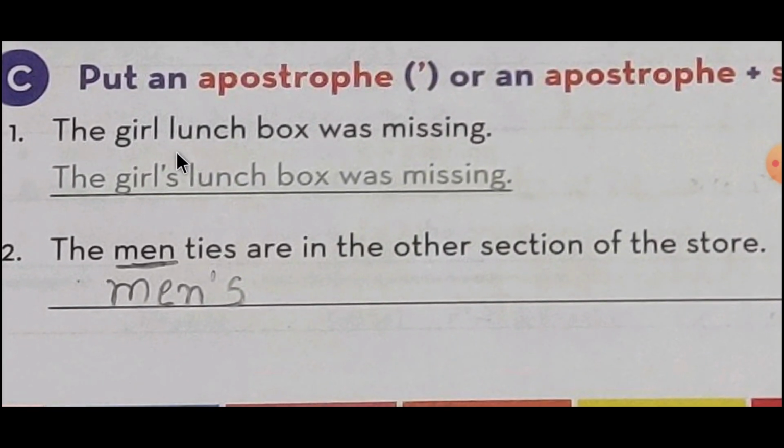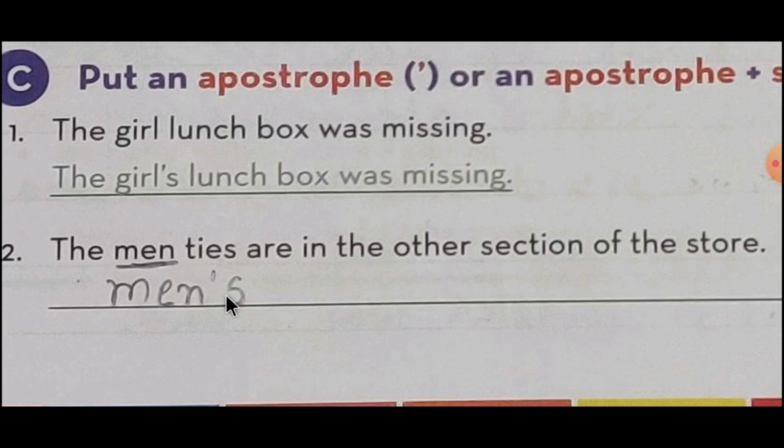First one, the girls lunchbox was missing. So here the girls, yes. The girls' lunchbox was missing. We have to show the possession of the girls with the lunchbox. Here, the men ties are in the other section of the store. So here we have to put apostrophe and s after the noun men.